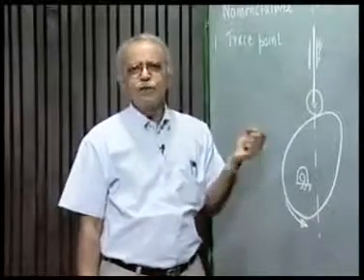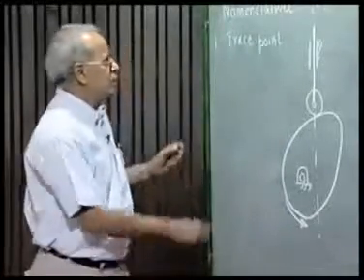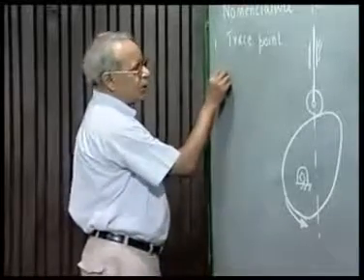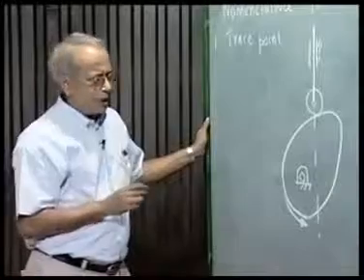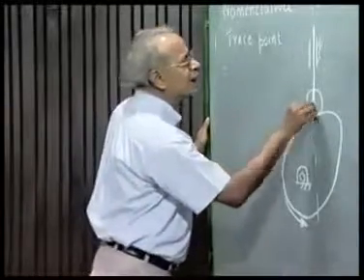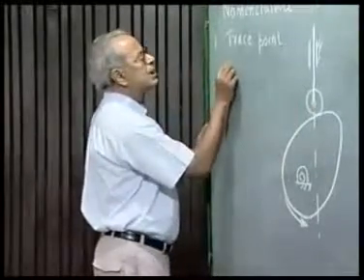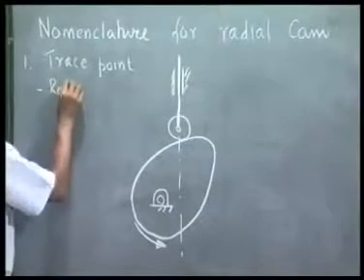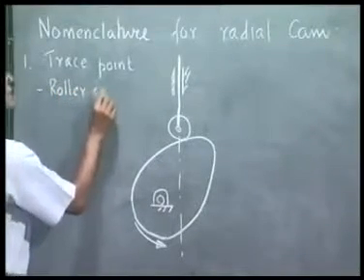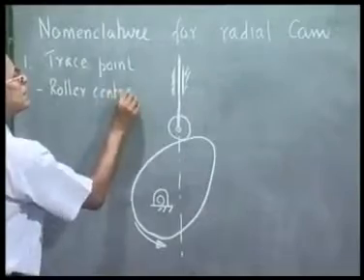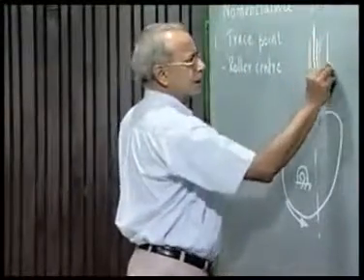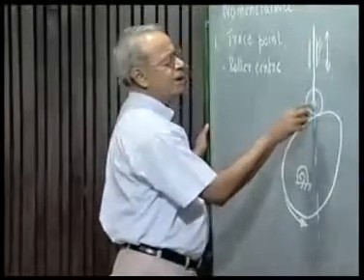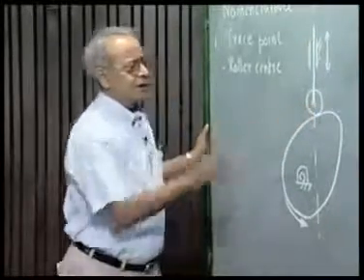So trace point is a theoretical point on the follower, the movement of which describes the follower movement. For roller follower, it is the center of the roller. So this trace point is the roller center. That means the movement of the follower will be described in terms of the motion of this roller center.